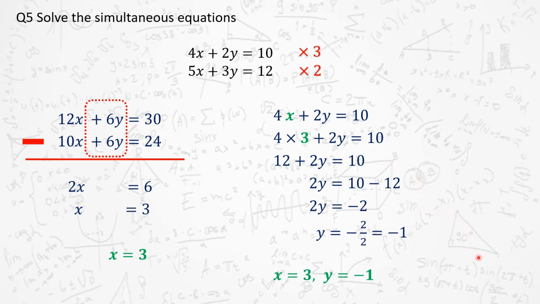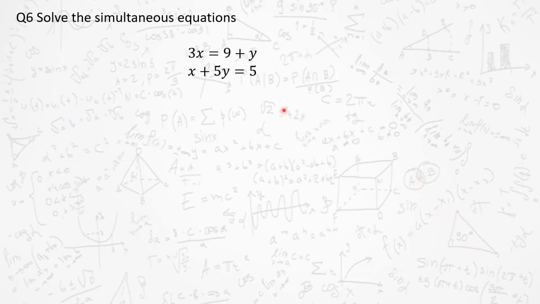Okay, let's look at our question 6. We have 3x equals 9 plus y, x plus 5y equals 5. This doesn't look like what we did earlier because our x and y terms are not lined up properly. So we need to rearrange our equations first.